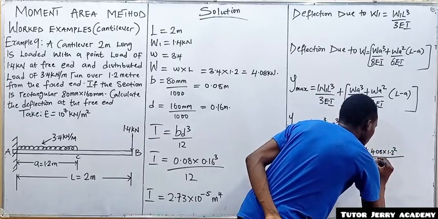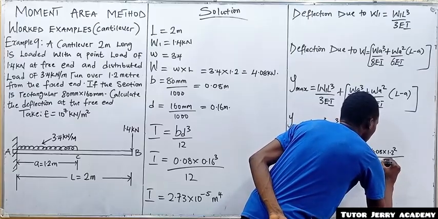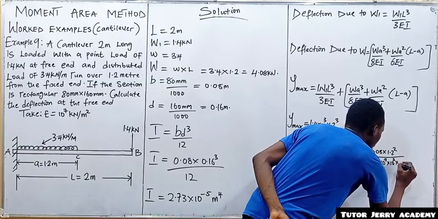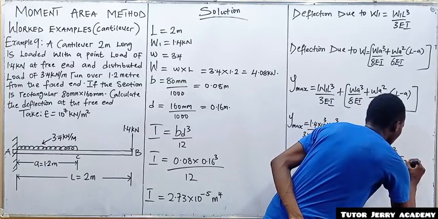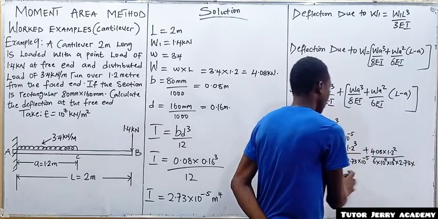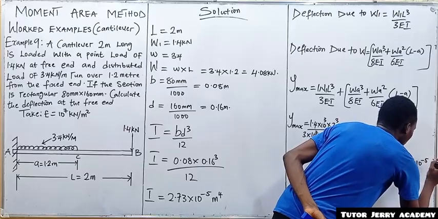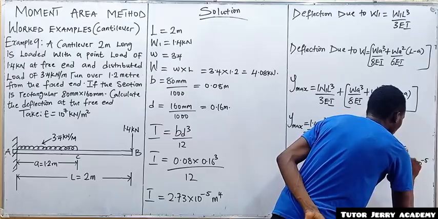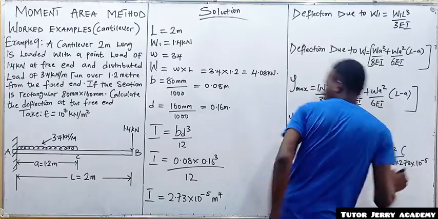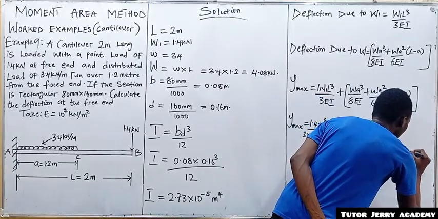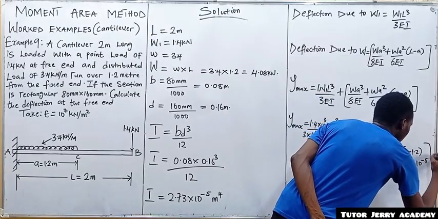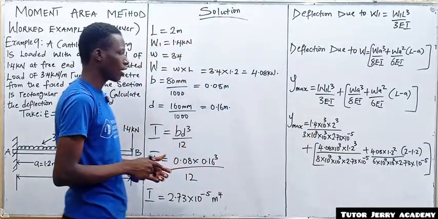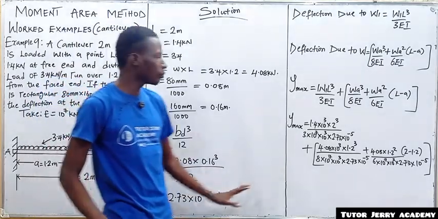We have 6 multiplied by 10 to the power of 7 times 10 to the power of 3 times 2.73 times 10 to the power of minus 5. All right, now this is multiplying L minus A, that is 2 minus 1.2, close the bracket. All right, so I have just done the complete substitution.